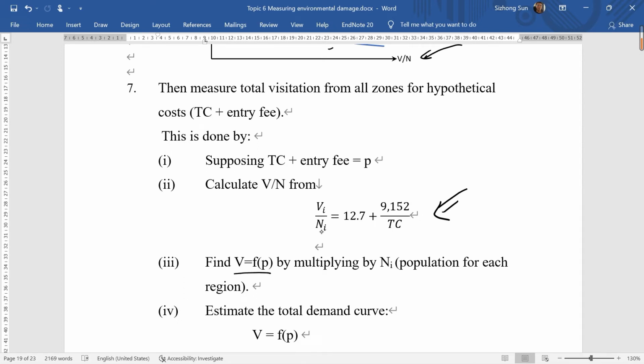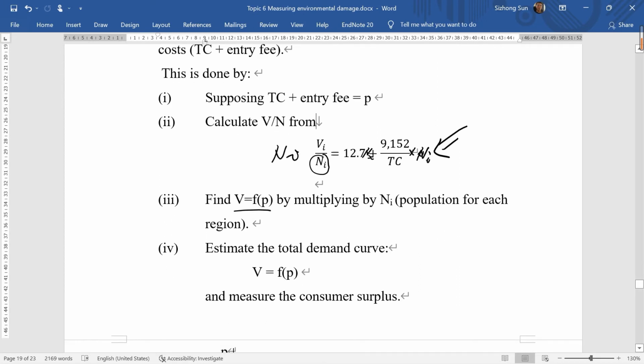So remember we have the number of population on the left hand side, so we can multiply both sides by N_i. Okay, for each region, then we estimate the total demand and measure the consumer surplus.